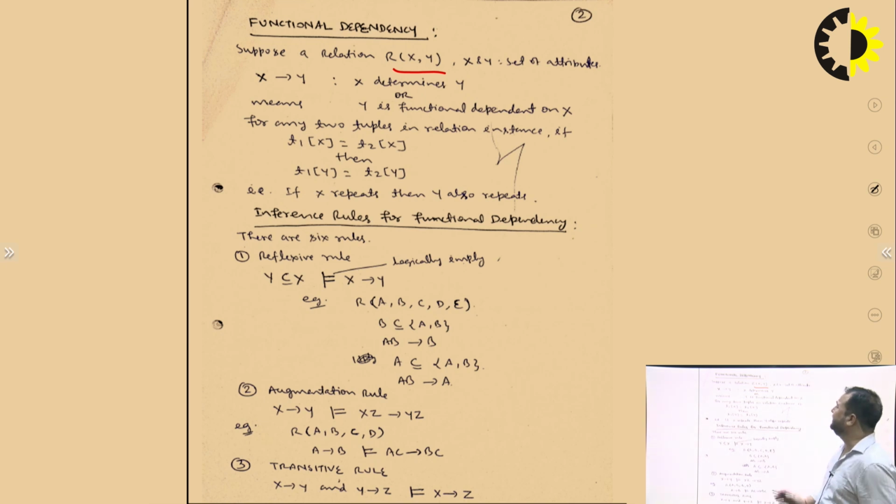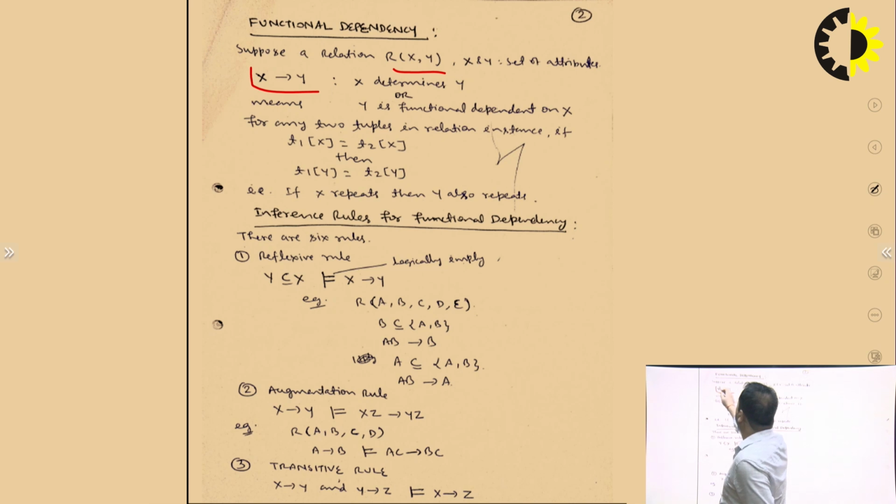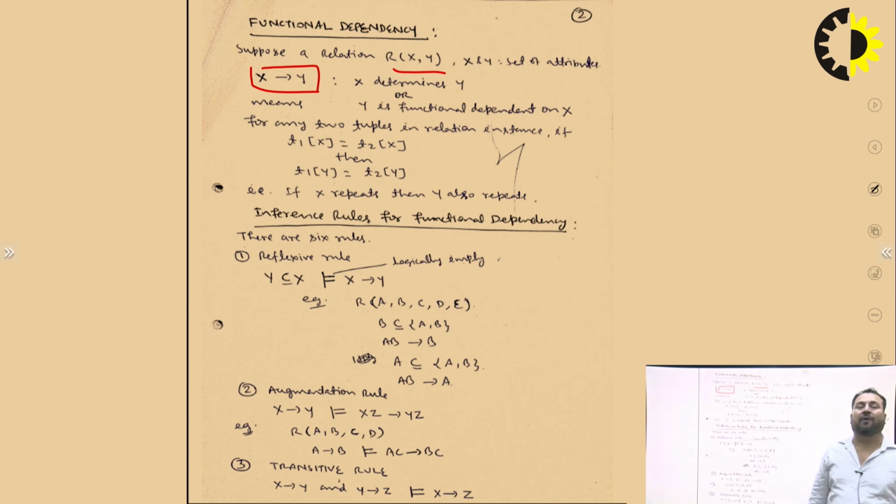So if we have a relation R consisting of a set of attributes x and y, the functional dependency is denoted by x arrow y. This is read as x determines y, or we say y is functionally dependent on x. What is the meaning?